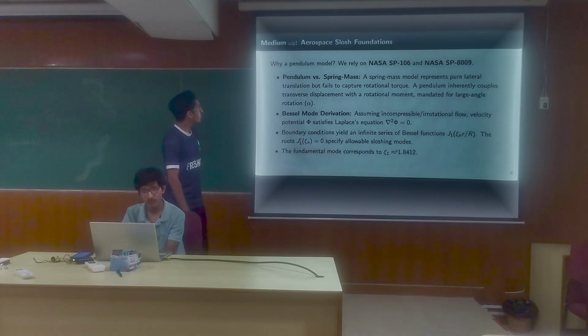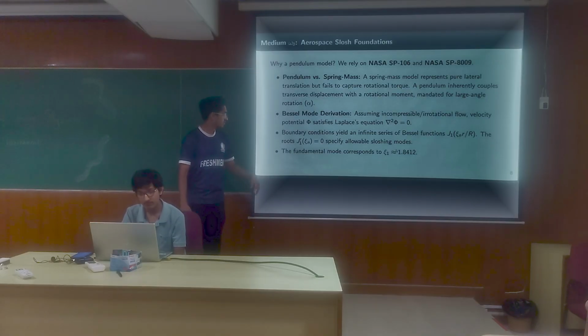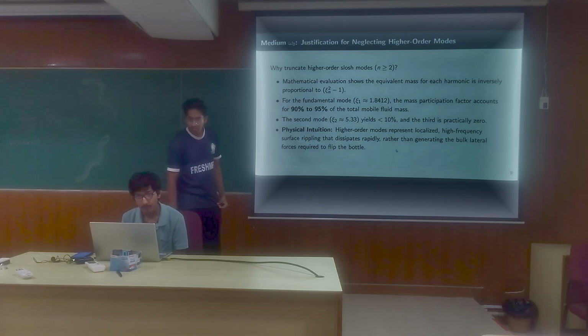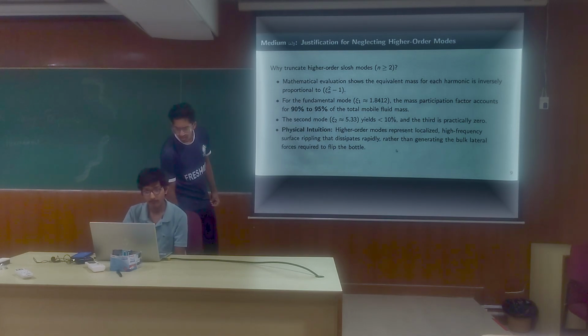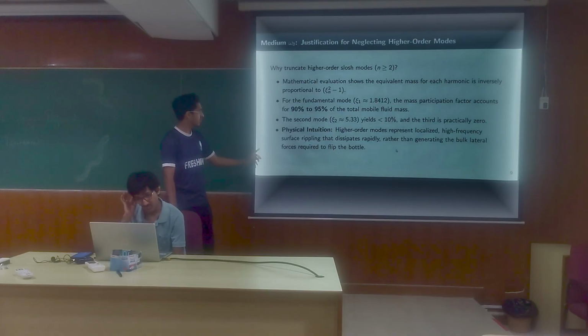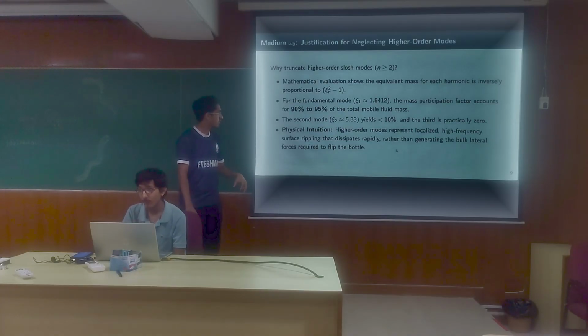Now moving on to the pendulum model, you can see that you get the solution by solving the Laplace equation, that is for phi equals 0. The solutions are the Bessel functions. The main point is that when you solve the Bessel function, we just take the primary value, as that is what contributes most of the energy, around 95%.